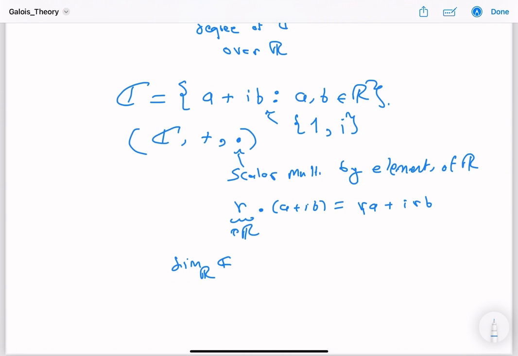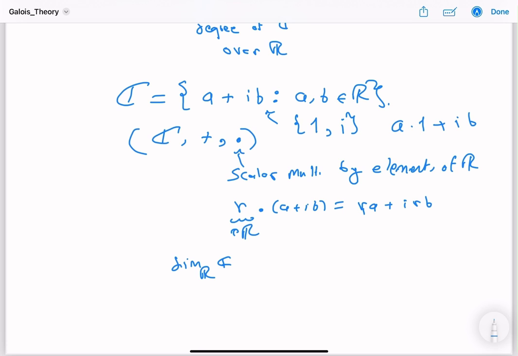So we're taking linear combinations of 1 and i, because every element in C can be written as a·1 plus b·i, if you wish.